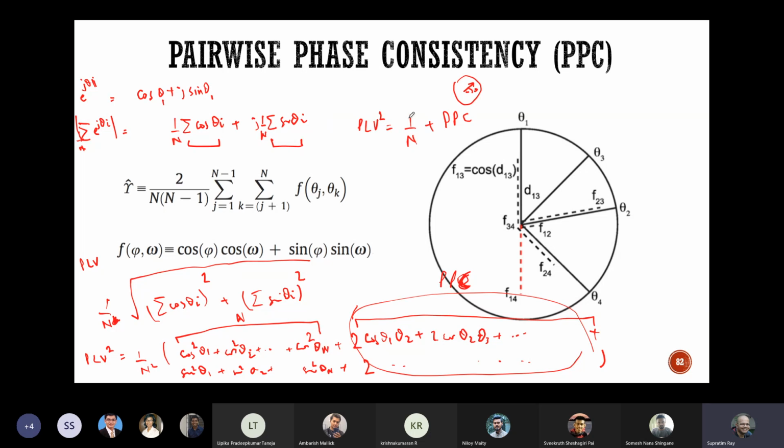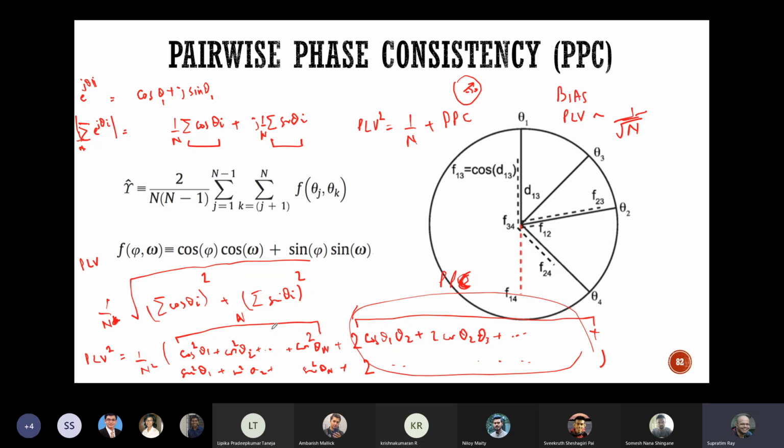This is the bias that we have mentioned in the phase coherence. Unless your n is very, very large, PLV will never be 0, even if the vectors are completely random. So the bias in PPC, in PLV or coherence goes as 1 by root n, and this is the proof for that, because the square has this term.